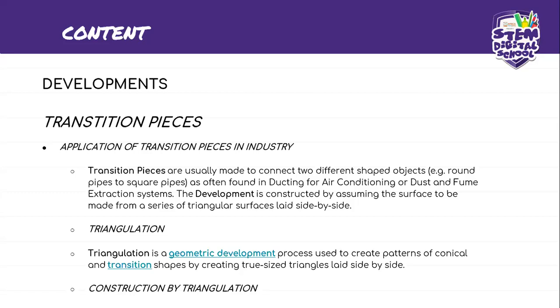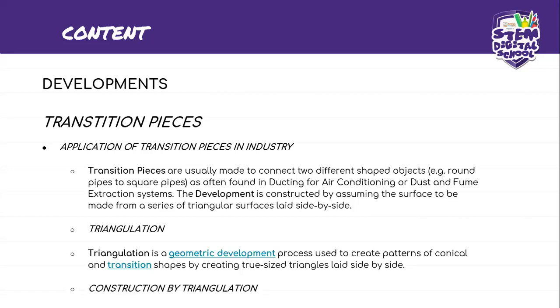The development is constructed by assuming the surface to be made from a series of triangular surfaces laid side by side. This brings to the fore the method that we want to reinforce, which is triangulation.